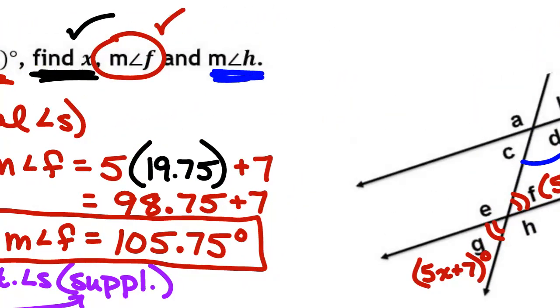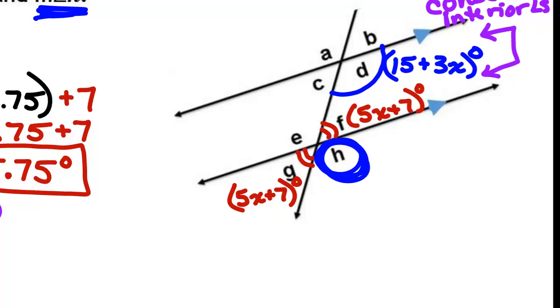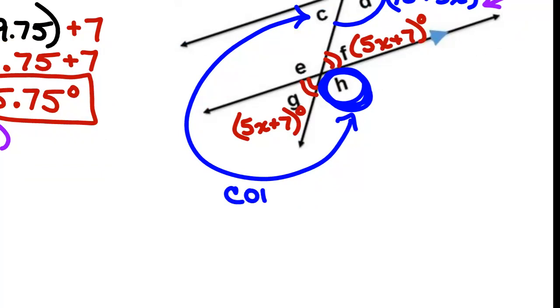Last thing we need to do is find the measurement of angle H. Well, here's angle H in the picture. How are we going to figure that one out? It's corresponding with angle D. And what do we know about corresponding angles? They're congruent.